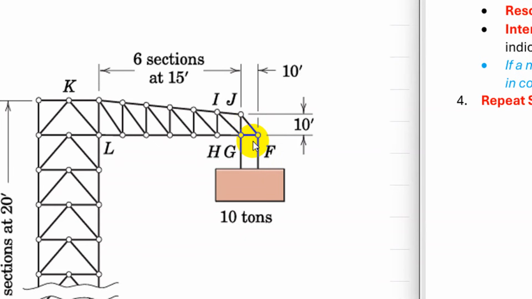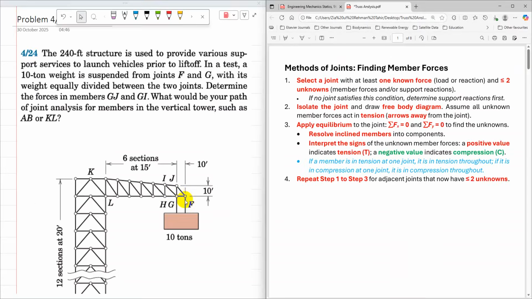So if I start with joint F, it is possible to find FJ and FG first, then I can solve joint I, and then further I can solve joint G to find GI. Okay, so I'm going to start with joint F.